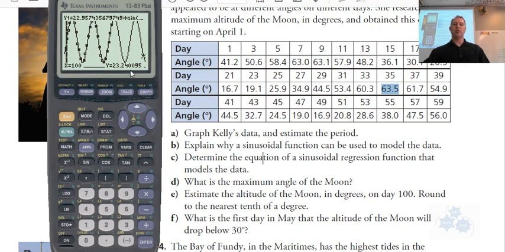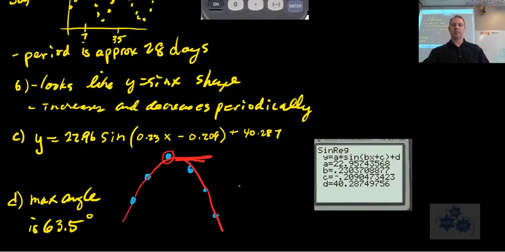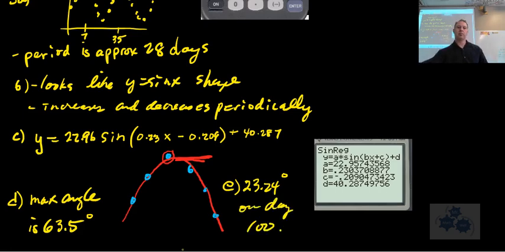So 23.24 you could put, that would be an exact answer for that one. 23.24 degrees on day 100. Okay, is this making sense here so far?